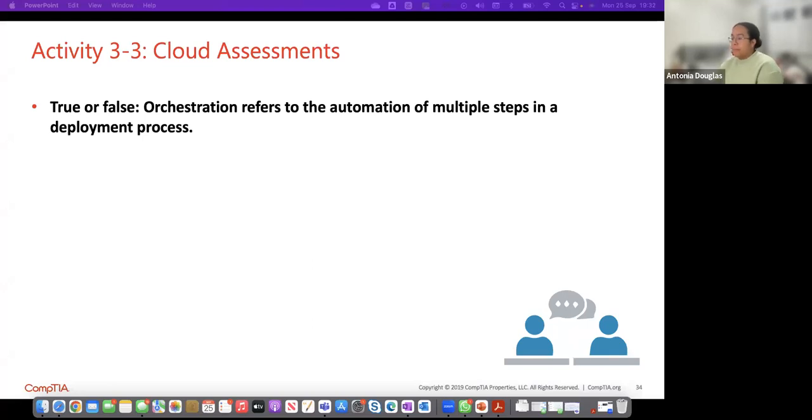True. And the answer is true. Well done. We covered orchestration, and that was to ultimately simplify that deployment process, making things easier, which automation always does.